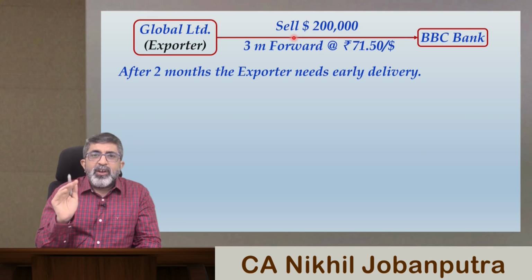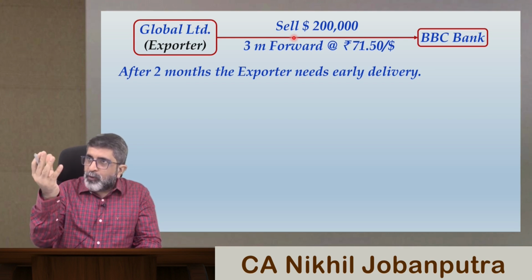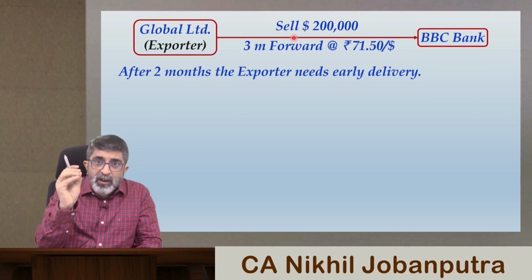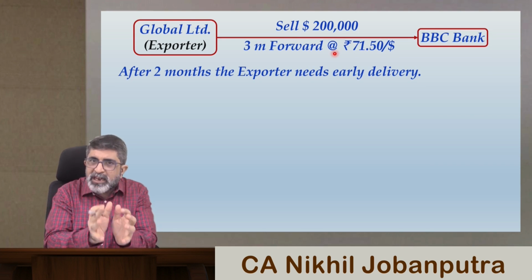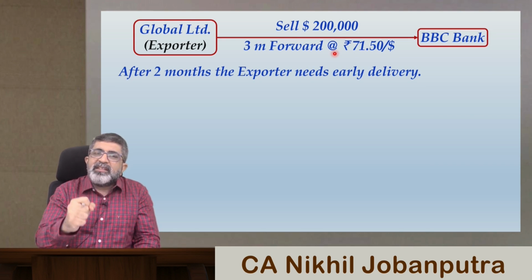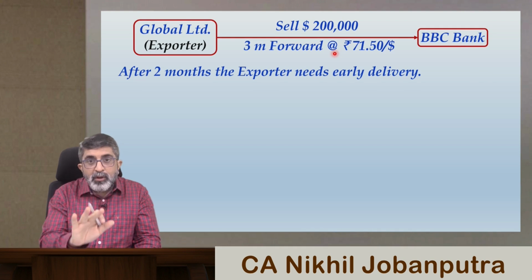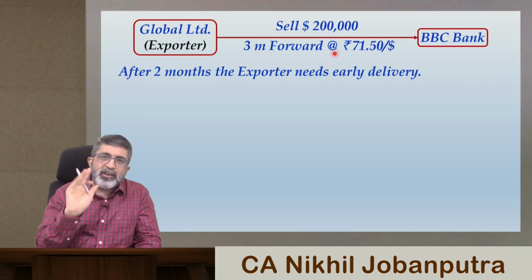As in, if there was no change happening, if in the normal course the exporter is receiving $2 lakh on 31st March, converting that at 71.5, whatever money it would have received, more money will be in the hands of Global Limited, that is the exporter, on 31st March.